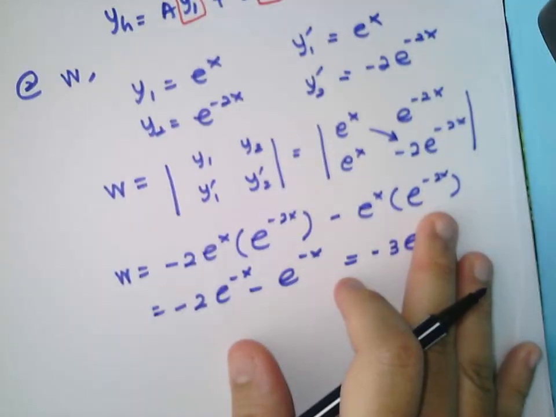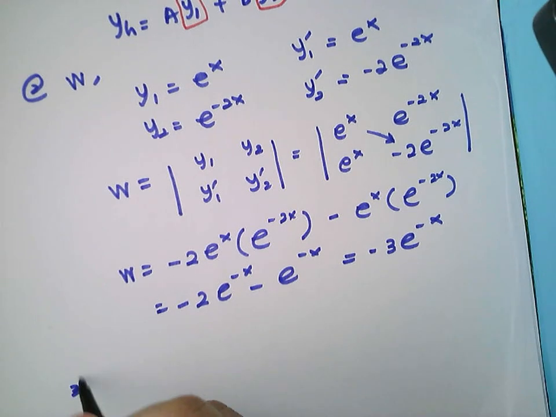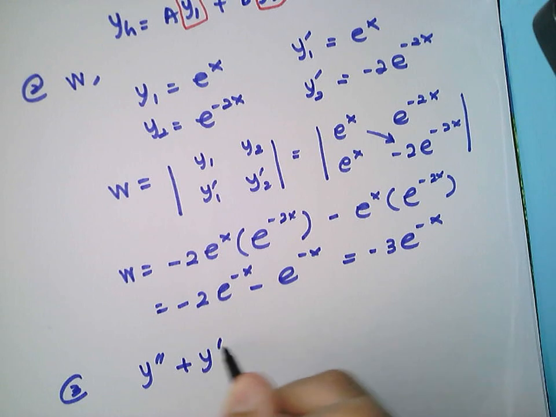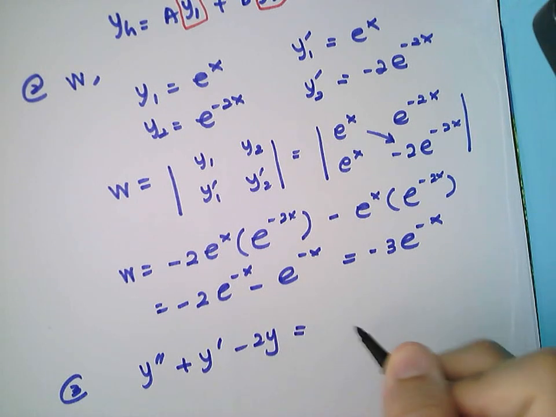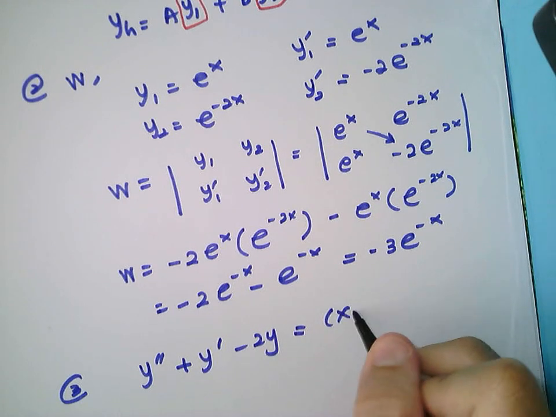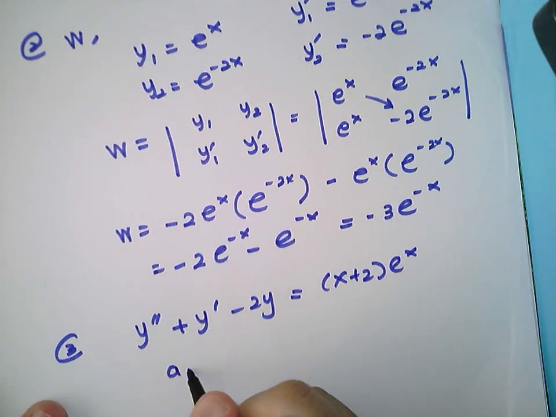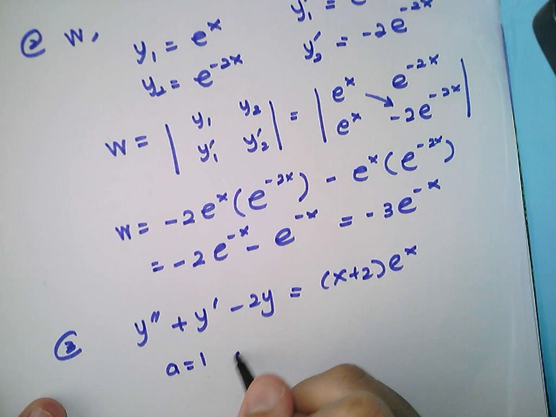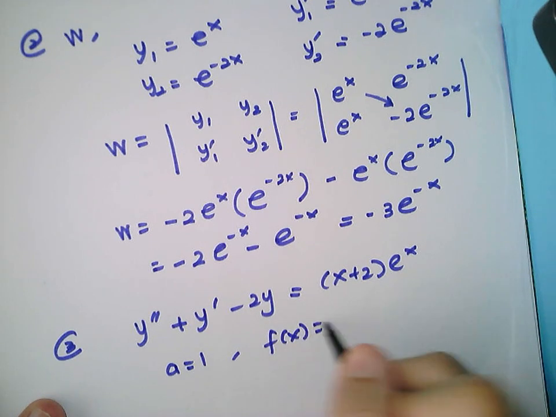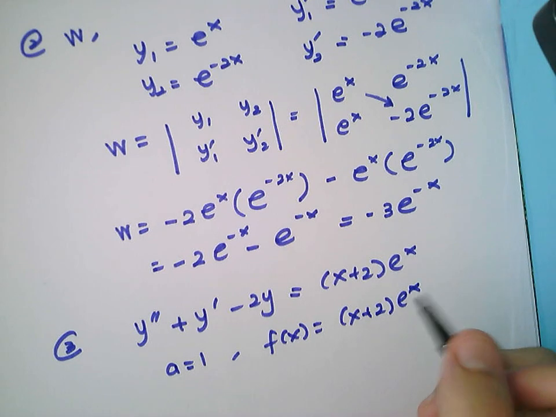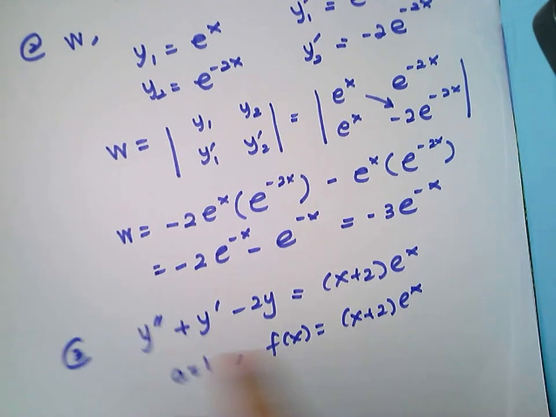The given differential equation is y double prime plus y prime minus 2y equals x plus 2e^x. So you know that your a equals 1 and your f(x) equals x plus 2e^x. Therefore you can calculate your u and v.